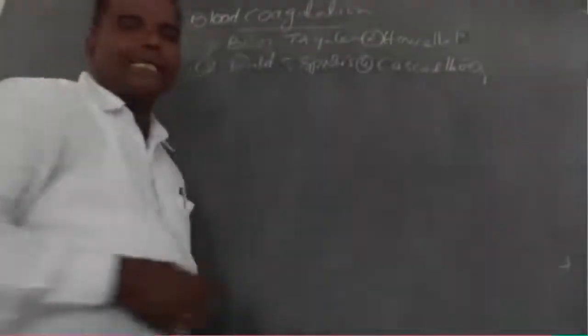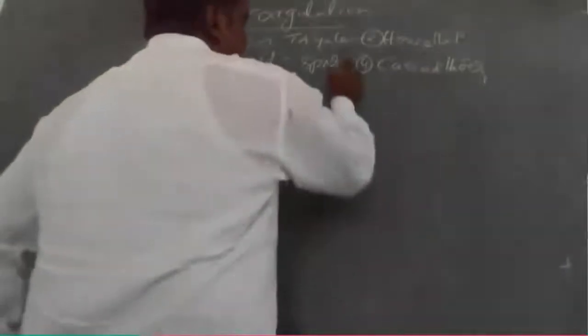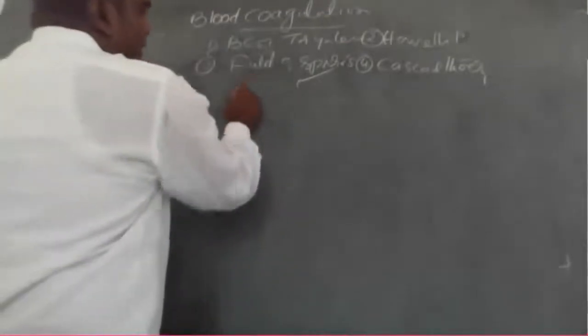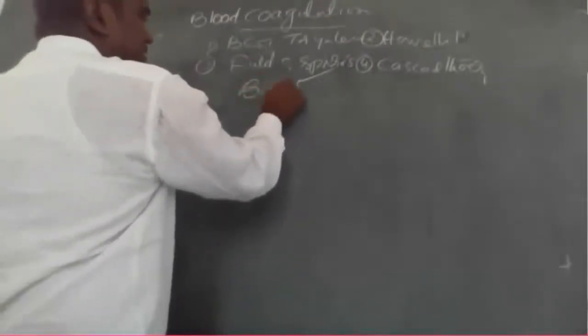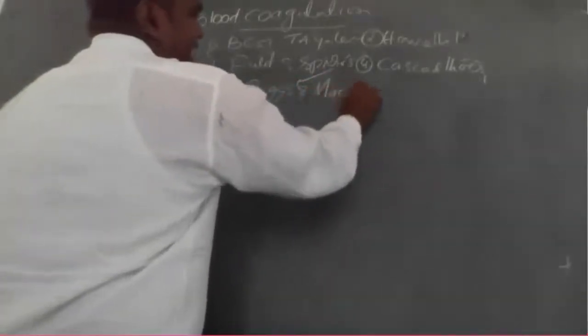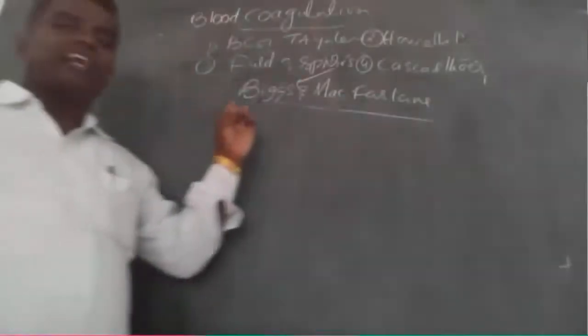Cascade theory. This cascade theory was discovered by Biggs and McFarlane, scientists, in 1966. Very important.